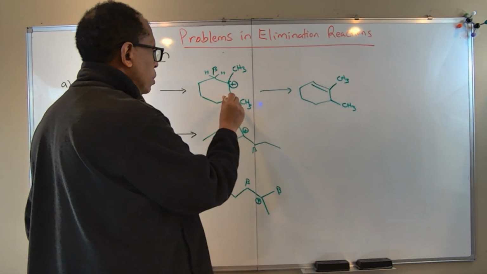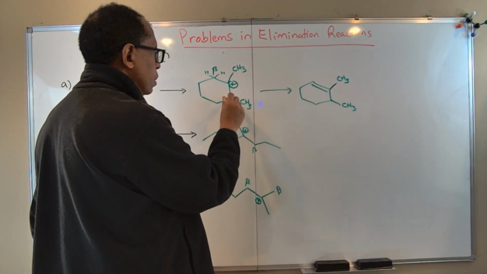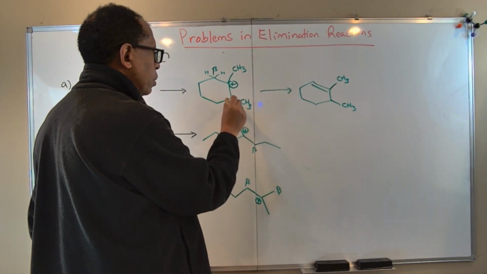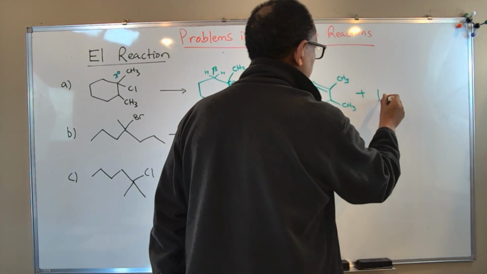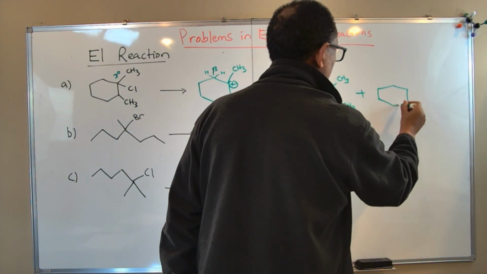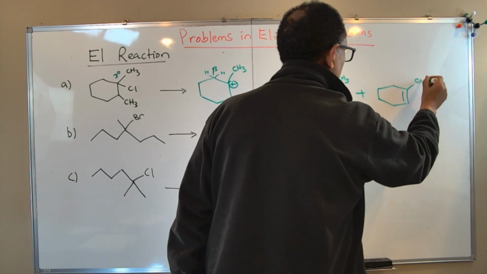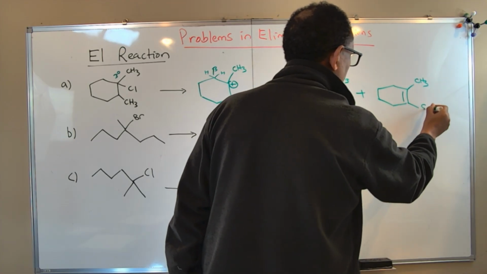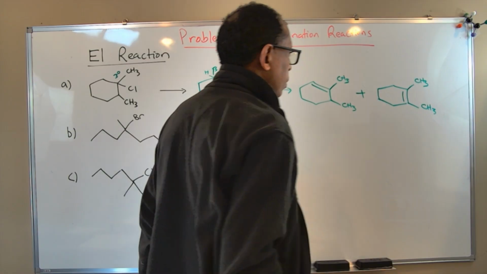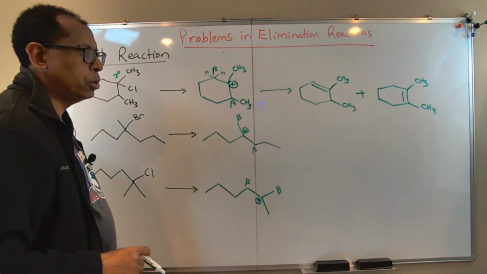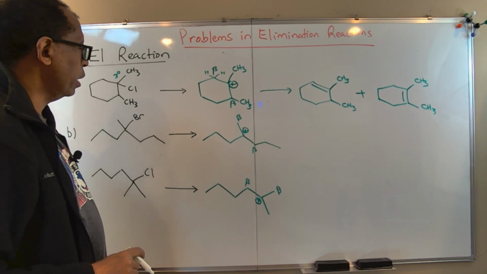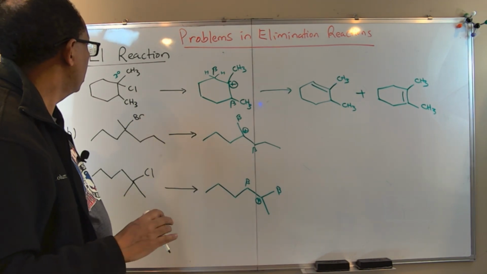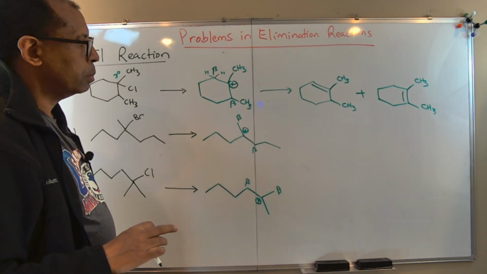But if I use one of the hydrogens, only one hydrogen here, the product looks like CH3, CH3. Those are the two alkene compounds that could be produced by an E1 mechanism.